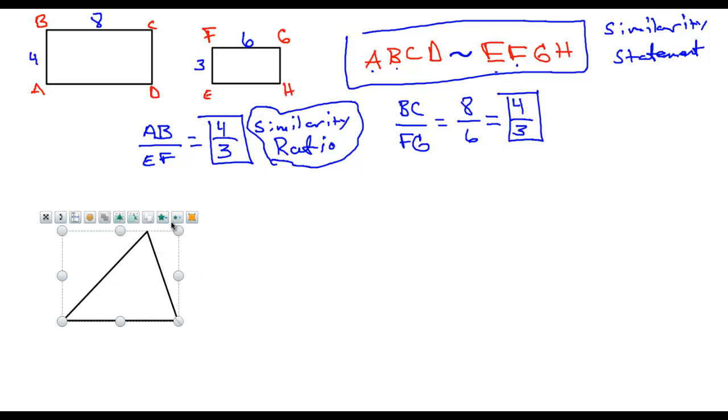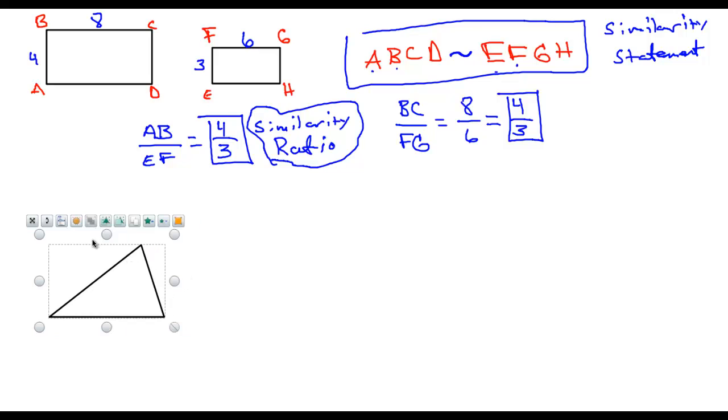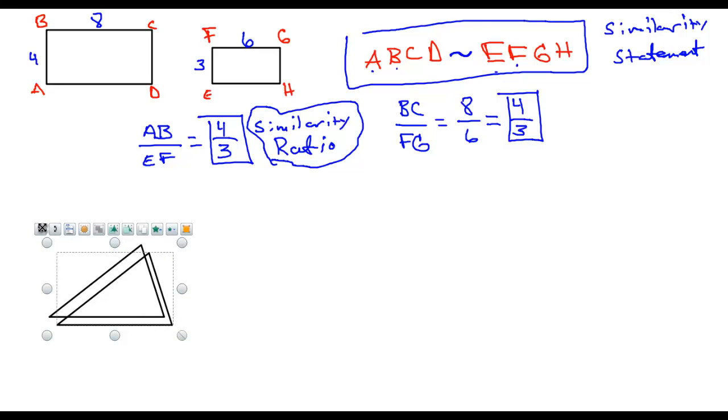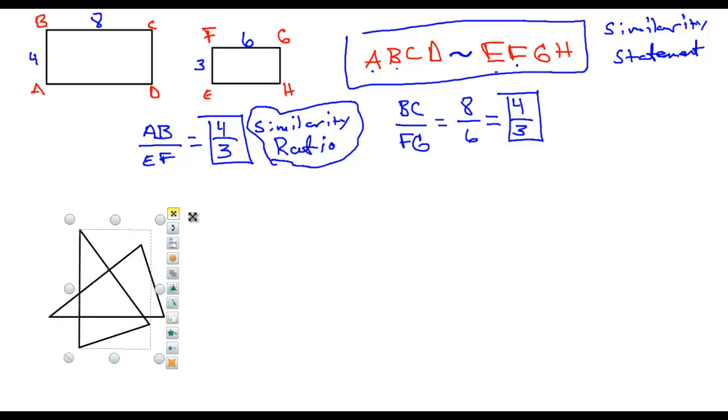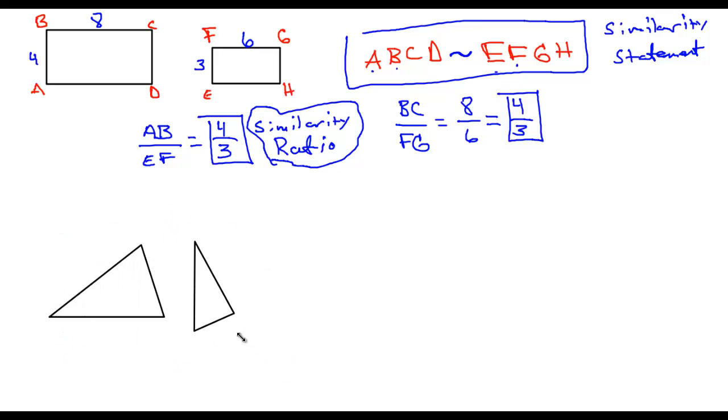Don't start screaming equilateral at me, or like on the test, everything's equilateral. Not everything's equilateral. I'm going to make another one, and I'm going to twist it around, and then manipulate it a little bit, just shrink it up a little. So let's label this bad boy. This will be A, B, C, and then this will be D, E, F.